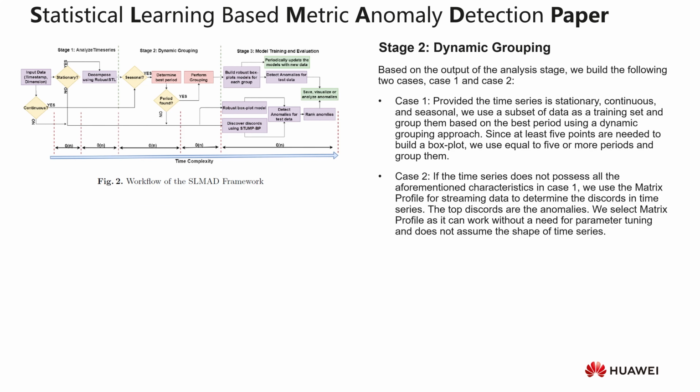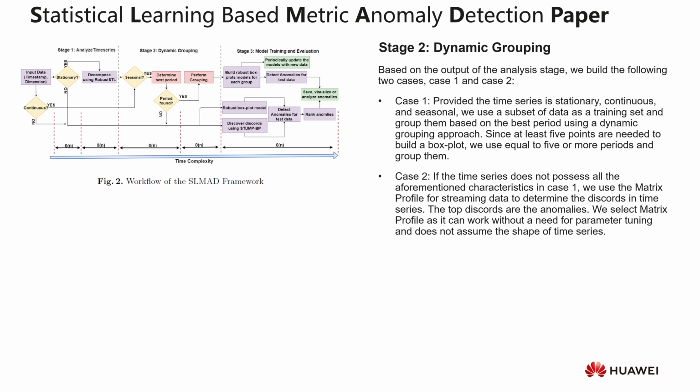This analysis is very useful in stage 2, where we do the dynamic grouping. Based on the output of the analysis stage, we build the following 2 cases, case 1 and case 2. In case 1, the time series is stationary, continuous, and seasonal. We use a subset of the data as a training set and group them based on the best period using a dynamic grouping approach.